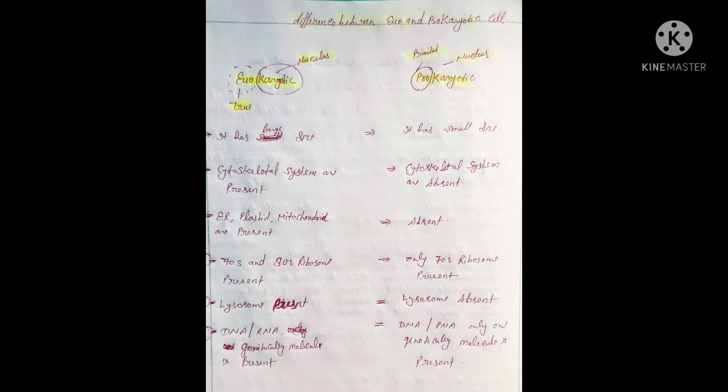It has a small size, the skeletal system is absent, and dual membrane cell organelles are absent. Only 70S ribosomes are present, lysosomes are absent, and DNA and RNA, only one genetic molecule, are present.